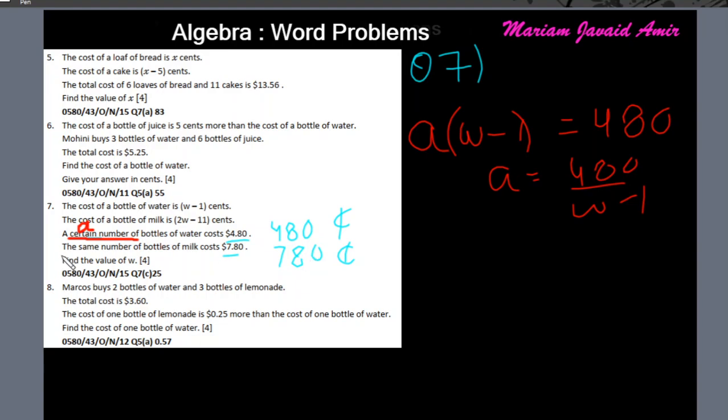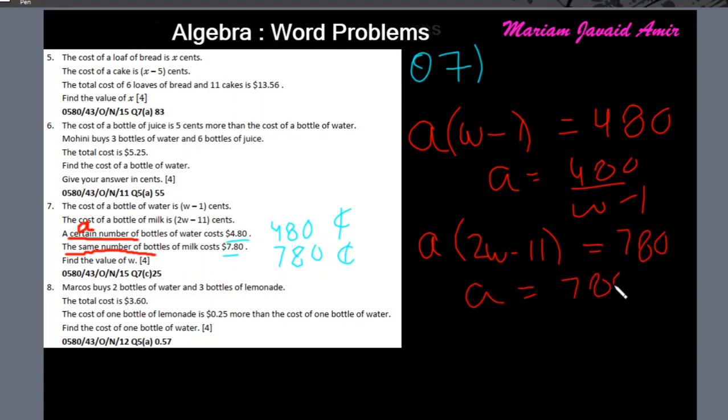Similarly, the same number of bottles of milk cost 780 cents. So A times the cost of one bottle of milk equals 780. Again make A the subject, so we get 780 over 2W minus 11.